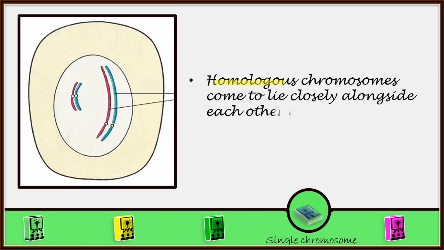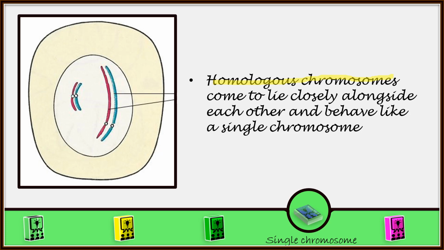The homologous chromosomes come and lie close alongside each other and behave like a single chromosome. So we have now the homologous chromosome. This one that came from the female parent will come and align with this one that came from the male parent, and they will lie closely along each other, and now we call them the homologous chromosome.